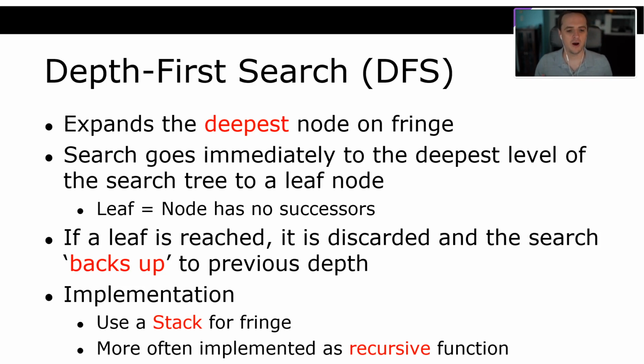And so, how are we going to turn this algorithm into depth-first search? Where breadth-first search used first in, first out, a queue, depth-first search is just going to use a stack, which is last in, first out, okay? Depth-first search is more often implemented in practice as a recursive function, but we'll talk about that later, okay?